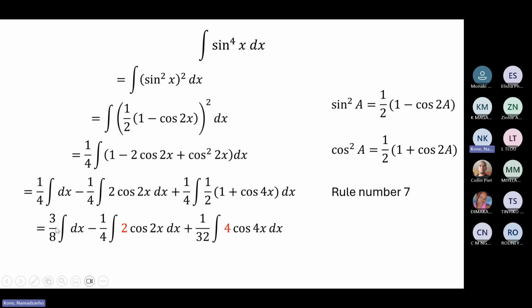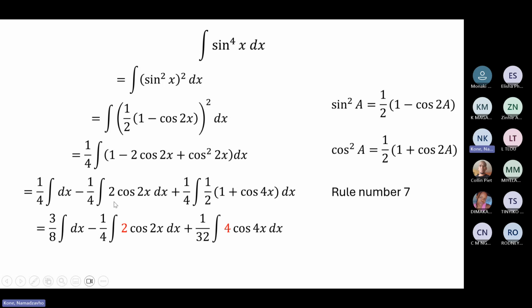If you add them, they should give you something like this, unless my arithmetic has done a number on me here. But you can check if this is correct, and if it's not correct, you can just replace this with the correct number. But I think it's correct because 1 over 4 is the same as 2 over 8, plus 1 over 8 is 3 over 8. So this 3 over 8 is coming from this and that. Right? So we are done with this part.